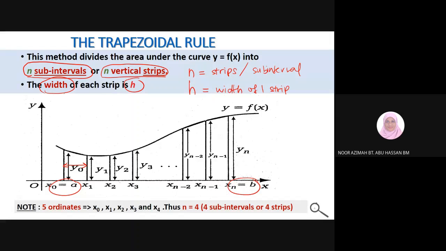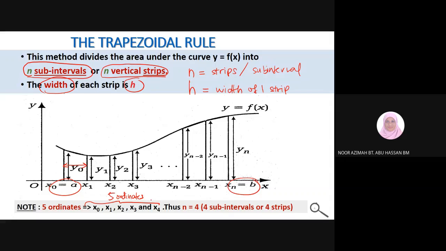Look at the note here. What does 5 ordinates mean? Ordinate refers to the value of x. So kalau 5 ordinates means that starting from x0, x1, x2, x3 until x4. So we have 5 ordinates here. Having 5 ordinates, how many strips do we have?